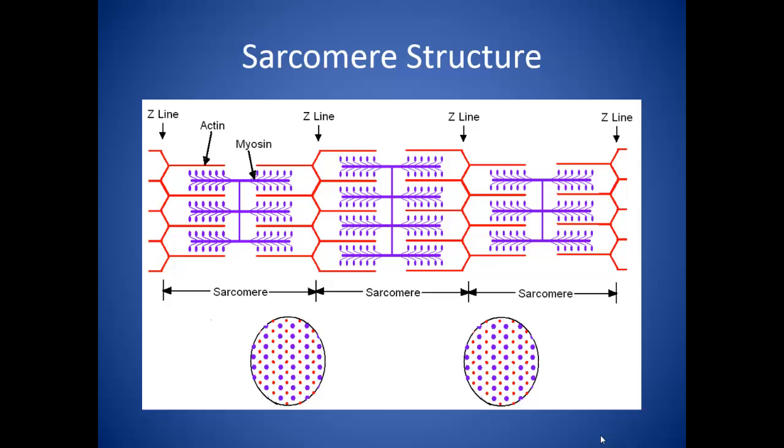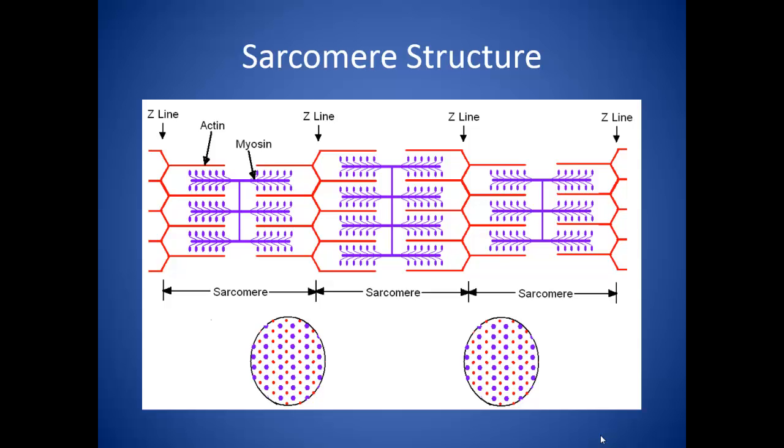one another. Now, if you look at the bottom part of the diagram, what you're going to see is some circles, and those are meant to represent a cross-sectional view of the same protein filaments that are represented in the picture above. The picture above is a side view, but you can see that in cross-section, the purple and the red are meant to represent the myosin and the actin, just as in the picture above.